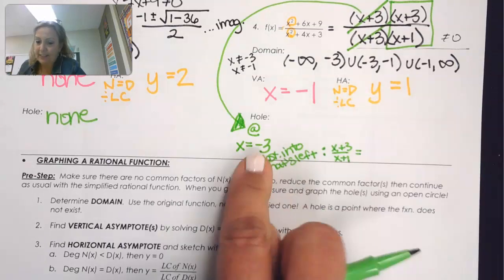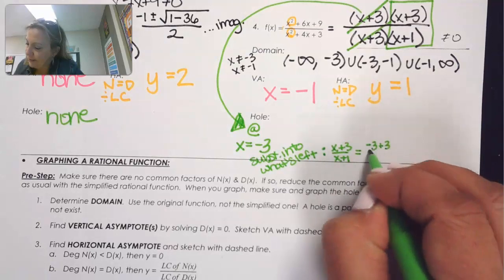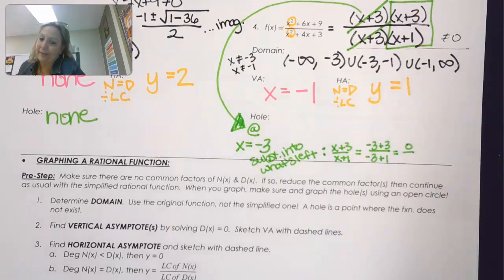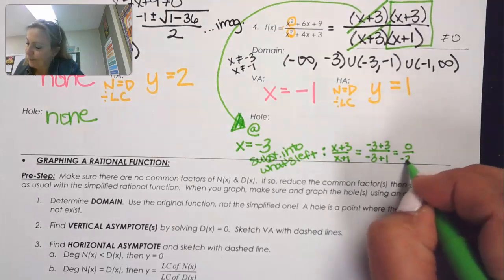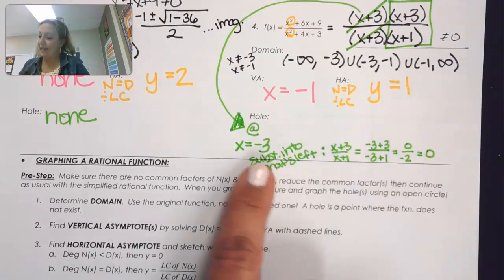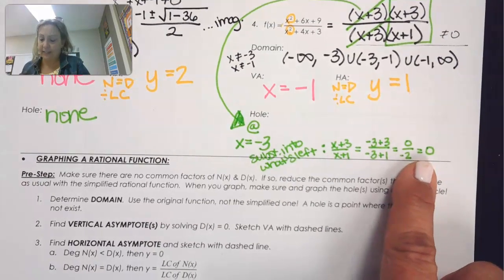And so let's put negative 3 into that: negative 3 plus 3 over negative 3 plus 1. In this case, we end up getting 0 in the numerator, but we get something in the denominator that's legal, right? We don't get 0 in the denominator. And so this tells me that I'm going to have a hole here: when x is -3, the value of our function is 0.